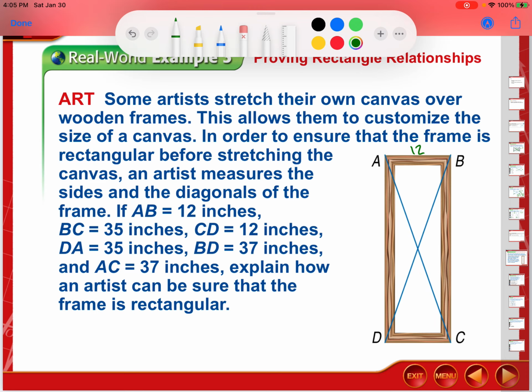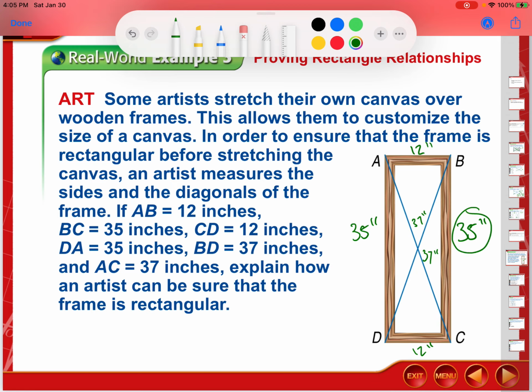If AB equals 12, BC equals 35, this is all in inches, CD equals 12, DA equals 35, BD equals 37, and AC equals 37. Explain how the artist can be sure that the frame is rectangular.